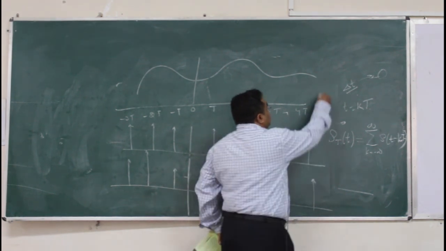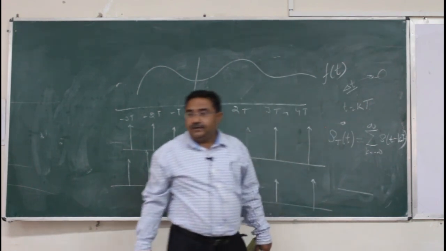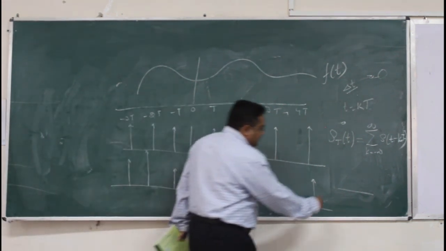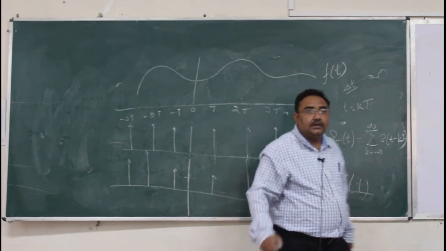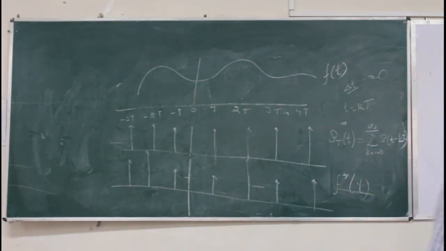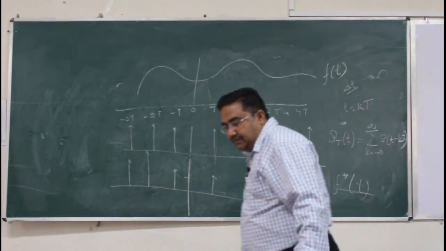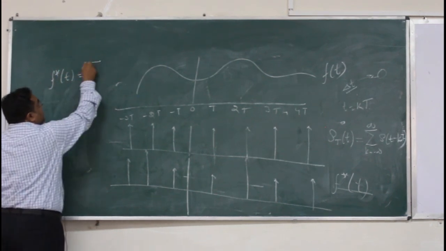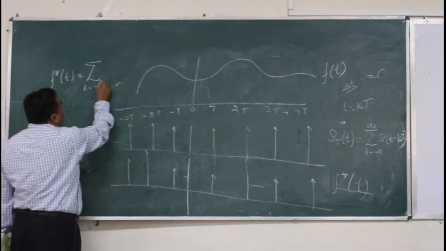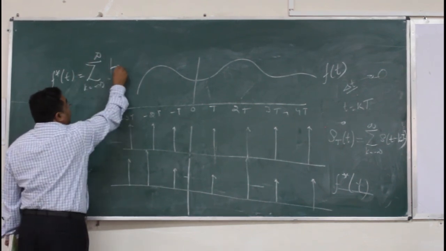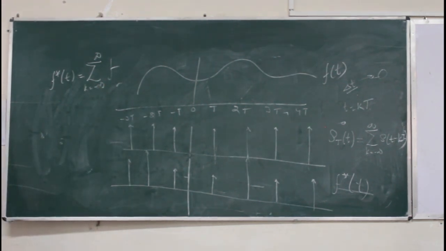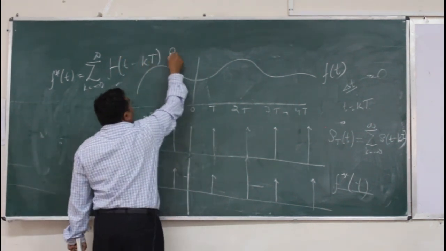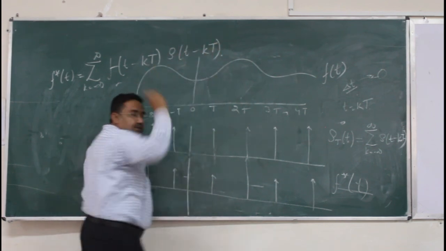Okay, what is this? This is f(t). And I am getting this sampled output. What is this? f star t. Do you agree or not? Okay. So, what is my f star t in terms of this f(t) and delta t? Yes. Summation k equal to minus infinity to infinity f(t minus kT) multiplied by delta t minus kT.